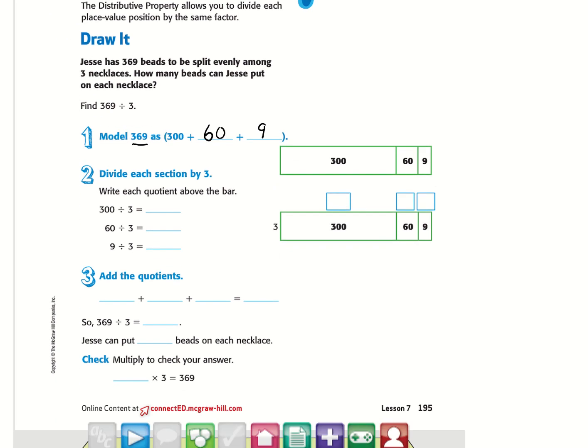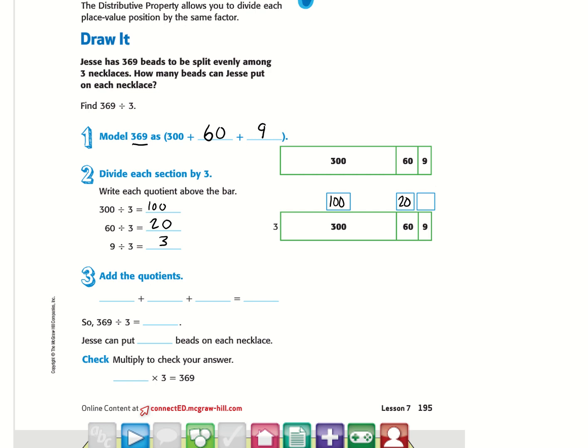Step 2, divide each step by 3. So we have here 300 divided by 3 equals 100. Next, we have 60 divided by 3 equals 20. Next, we have 9 divided by 3 equals 3.